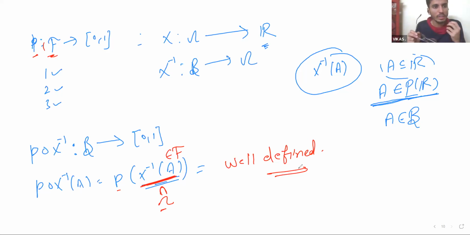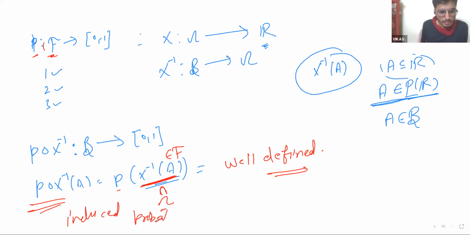But if you don't know the notation and the meaning of the terms they are using, definitely difficulties will start to occur. So you have to understand what P is and what X is, and this is known as the induced probability space.